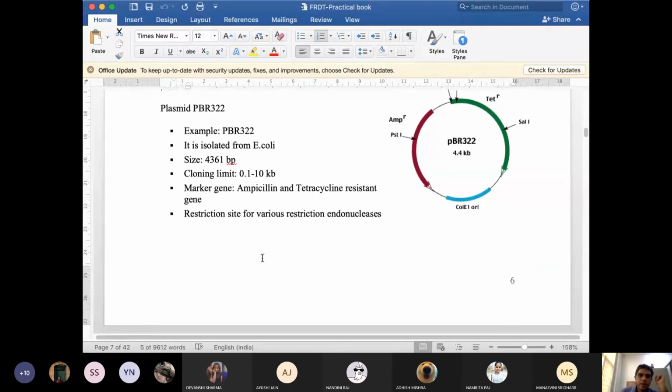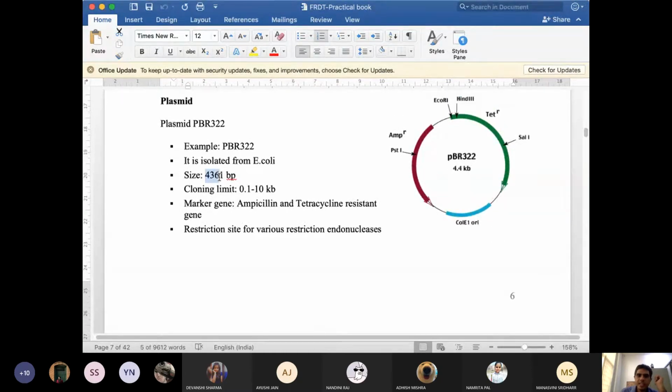Okay, so what are its characteristics? The size is 4361 base pairs. It is isolated from E. coli and is present in E. coli, so you can transform it back into E. coli also. Both types of E. coli are there, those already having the plasmid and those devoid of the plasmid.